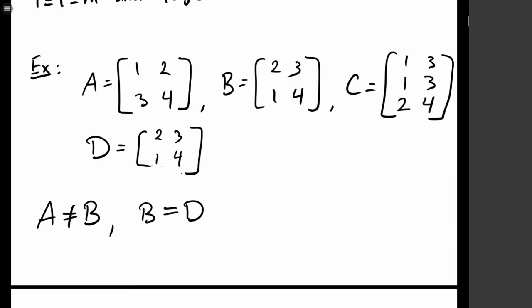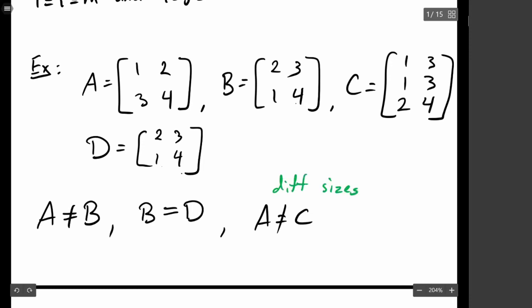Just like two vectors, the first components have to match, the seconds have to match, the thirds have to match, and so on. Also, A is not equal to this one because they have different sizes.